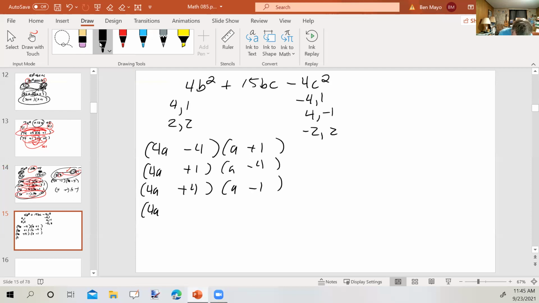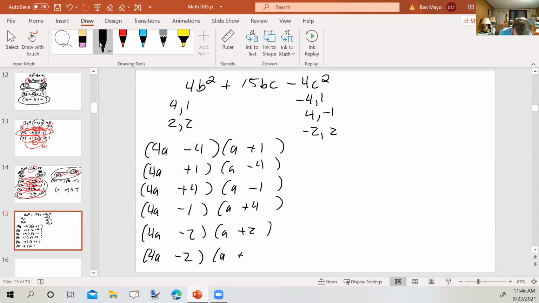We could have 4a and 1a and minus 1 and plus 4. Okay. We could have 4a and 1a and minus 2 and plus 2, 4a and 1a and plus 2 and minus 2. That's just with this one.